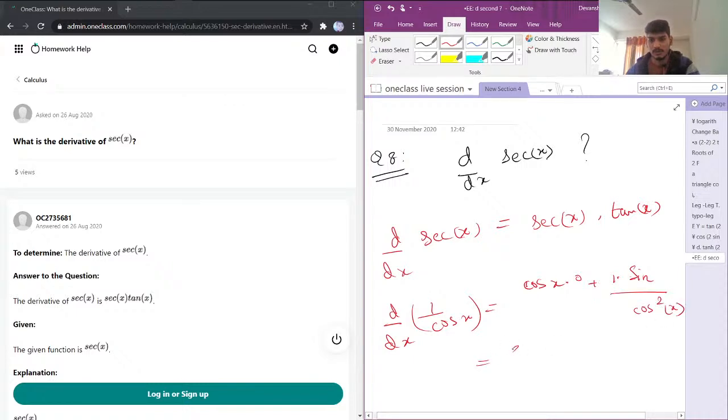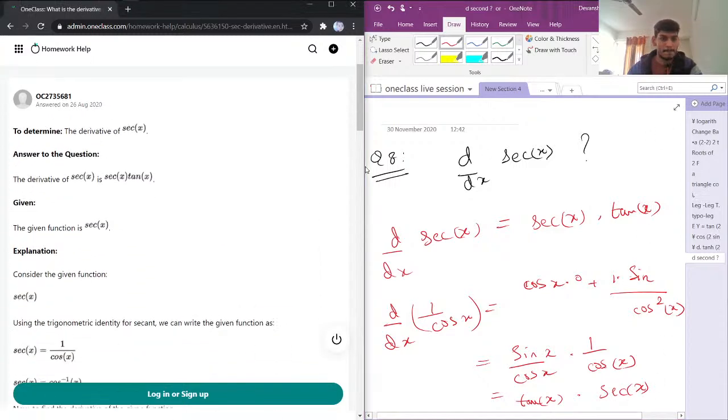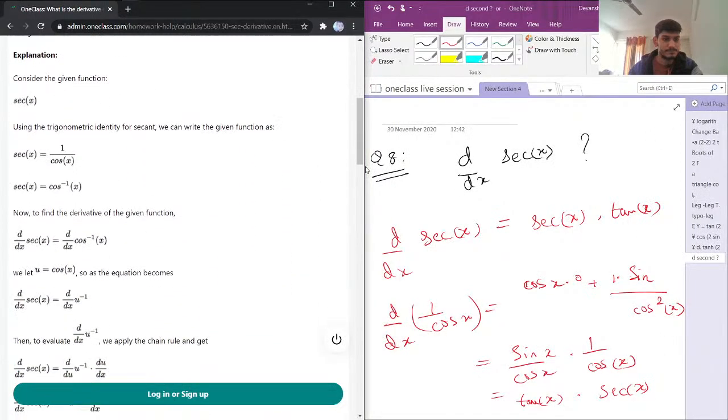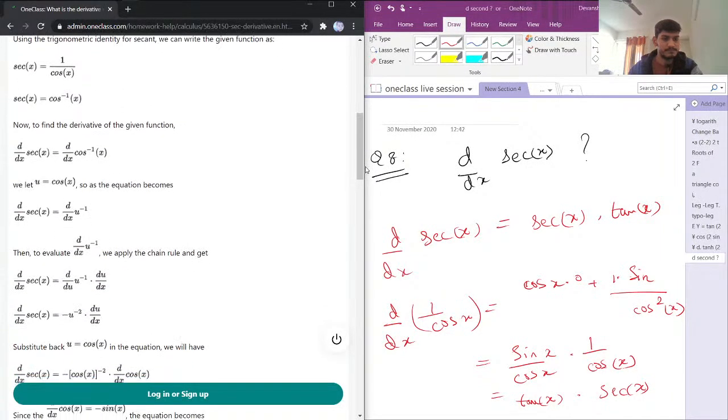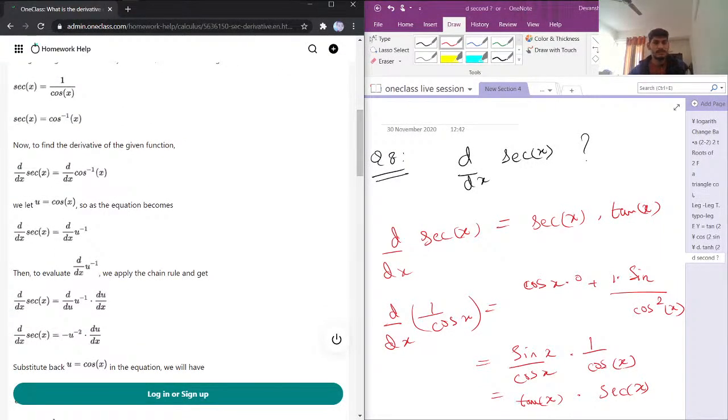So this will be sine x over cosine x times 1 over cosine x. This will become tangent of x, and this will again become secant of x.